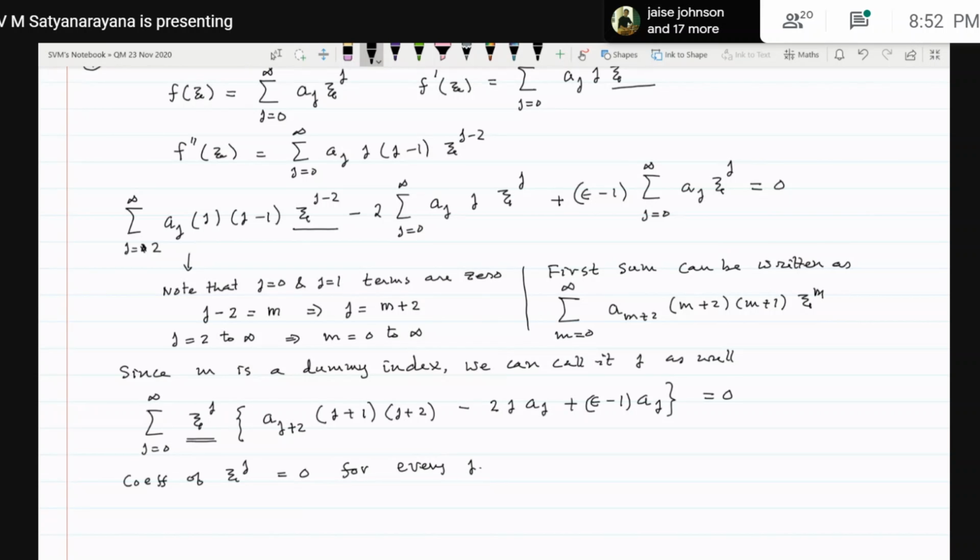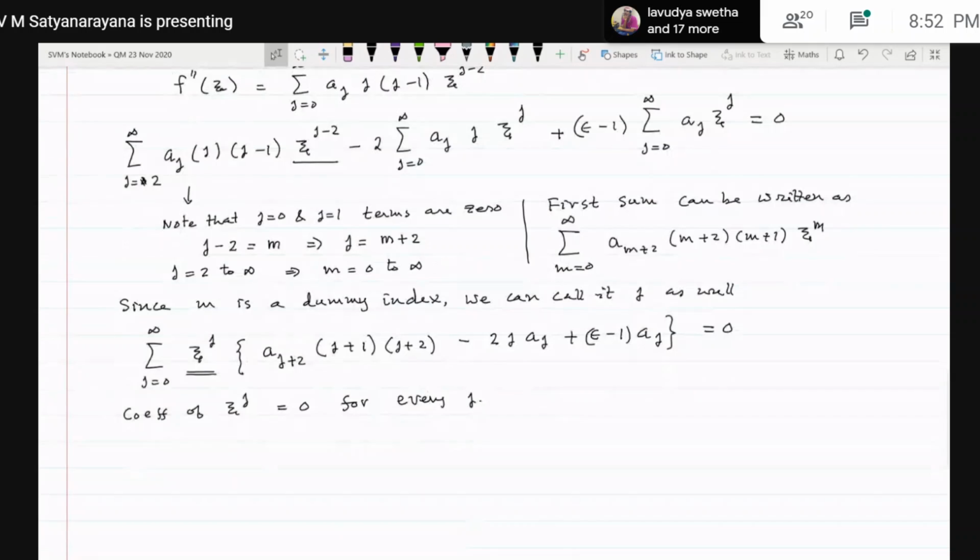So that means now I have a recurrence relation between a(j plus 2) and aj. So I can write down a(j plus 2) is equal to, let's take this on the other side, twice j minus epsilon minus 1, divided by j plus 1 into j plus 2, into aj.